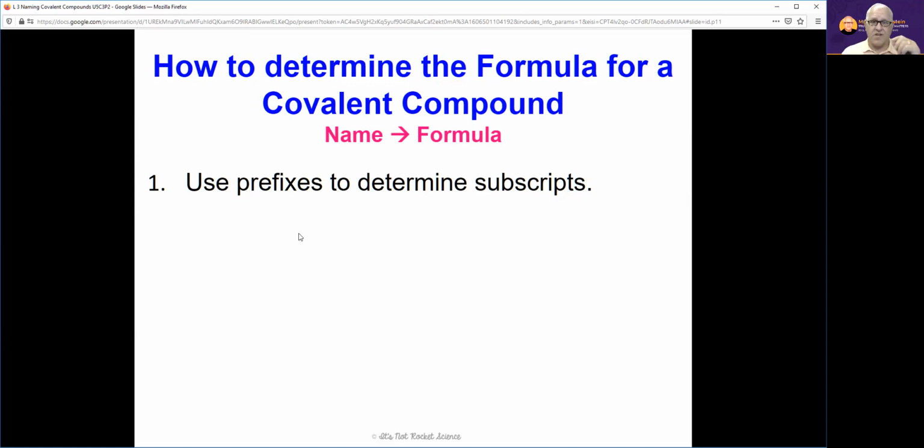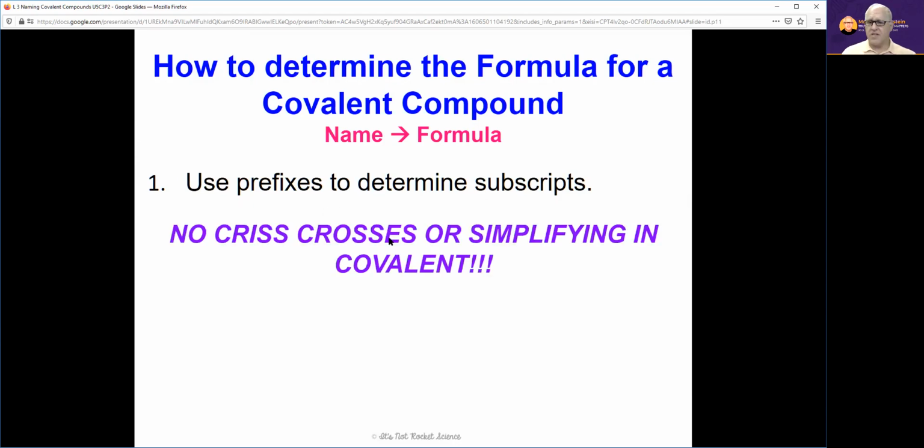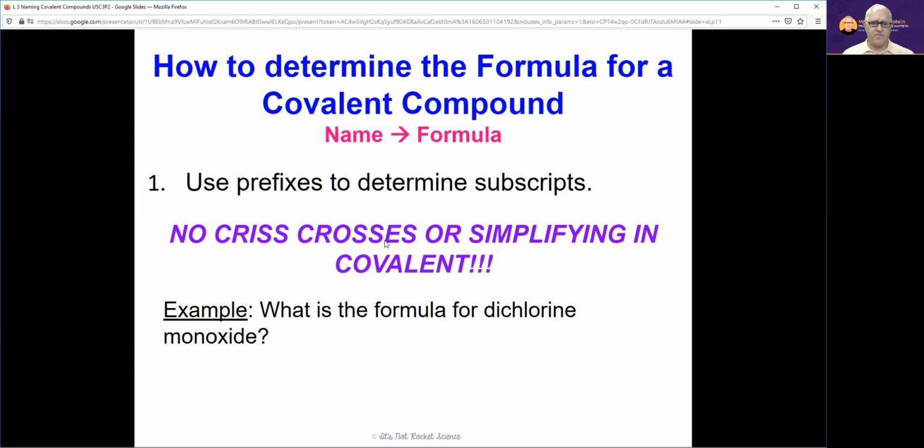Just like when we work with dihydrogen monoxide, di is 2, I've got H2. And since the oxygen is a single, it's a mono, and there's no subscript at all. So use the prefixes to determine the subscripts. There's no crisscross or simplifying in covalent. All we're doing is using the prefixes to determine the subscripts.